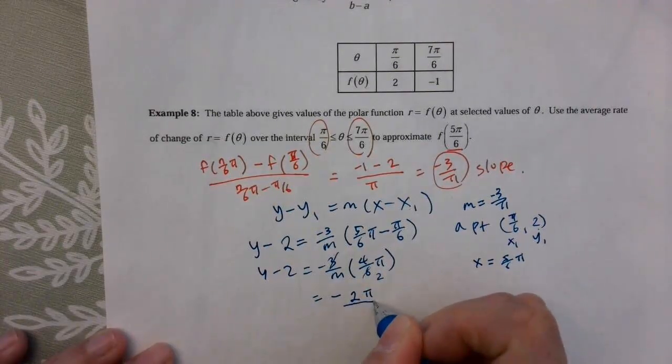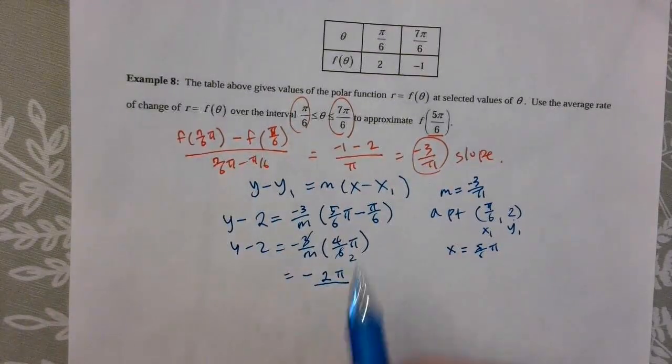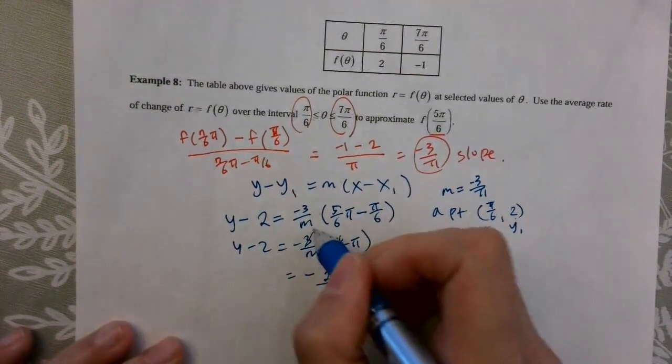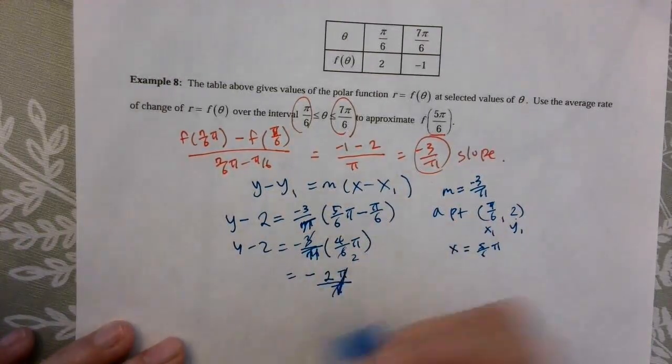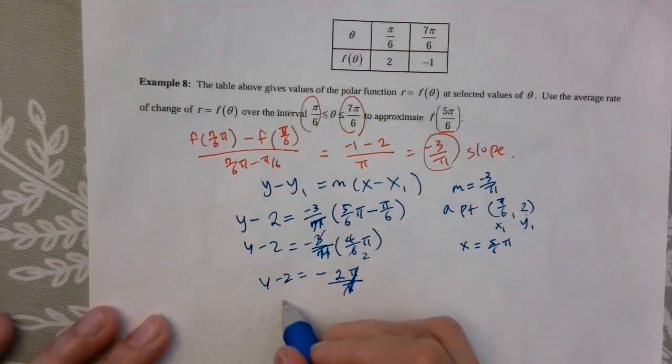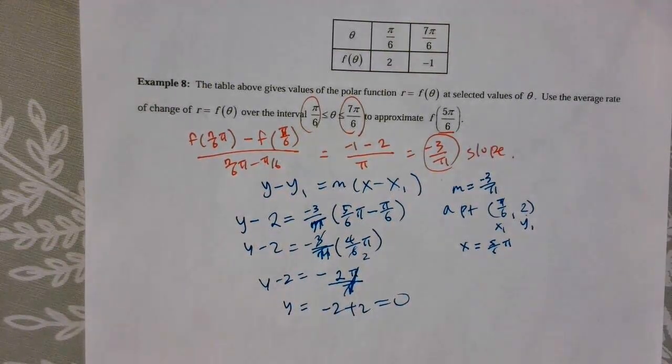Oh, that's supposed to be pi. Okay, so -2 is equal to y minus 2. Y is equal to -2 plus 2, which is going to be 0. There we go. All right, thank you.